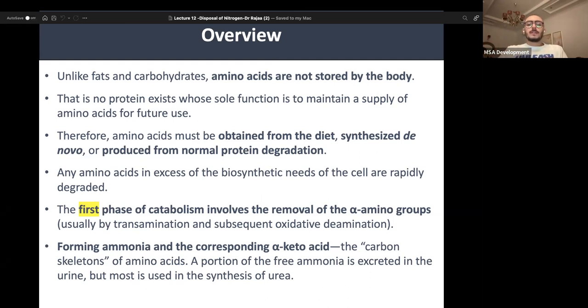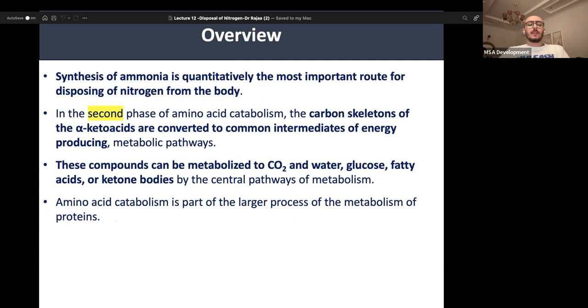Generally speaking, there are two phases for degrading amino acids. The first one is just breaking it down, forming an amino group and forming an alpha keto acid, which will be a form of energy. I'll be talking about all of this soon, inshallah. The second phase is using this alpha keto acid as a form of energy, or in other words, a form where your body can deal with.